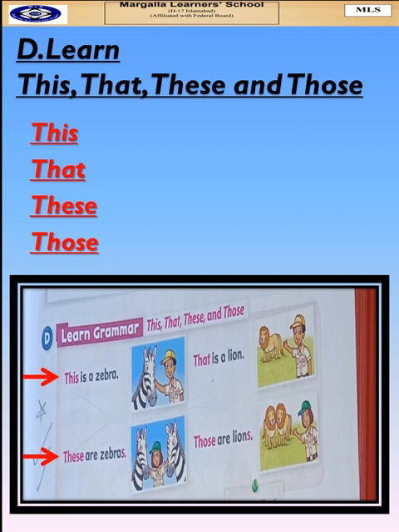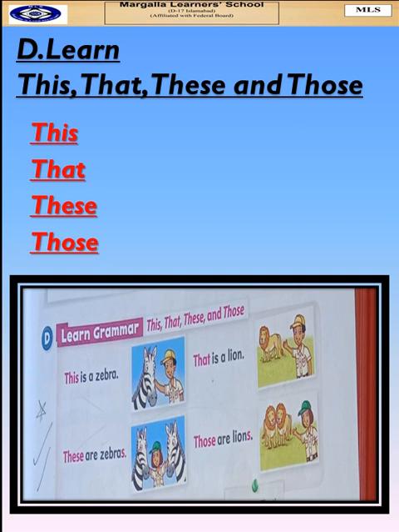If something is present far away from you and you are pointing out that thing from far away and that thing is only 1 in number, you are going to use that. For example, that is a lion which is present far away. If there are 2 or more lions or anything which are present far away and you are pointing out towards that thing, you are going to use those. For example, those are lions.